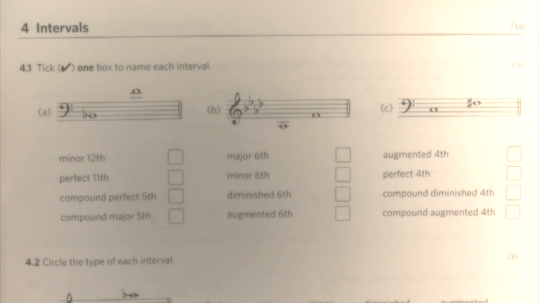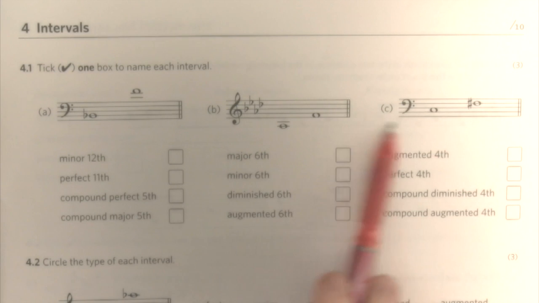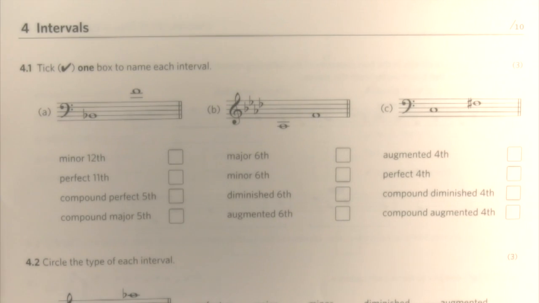In this question, we need to tick the correct interval of the given notes. Listen to this section very carefully because I give techniques that I either created myself or you can find in any books, so they make things easier apparently. So, okay.